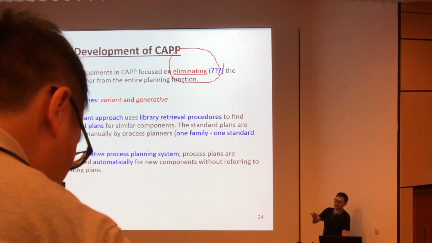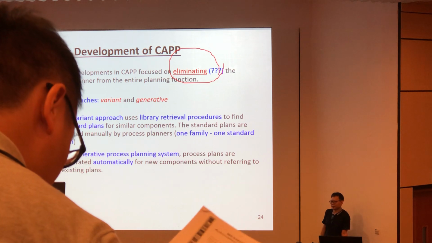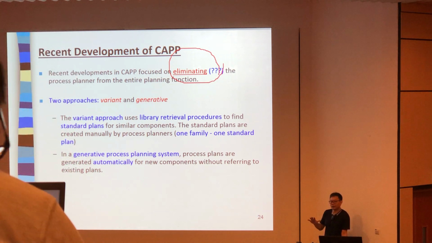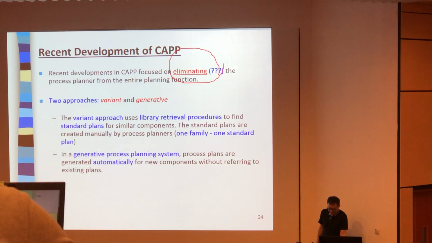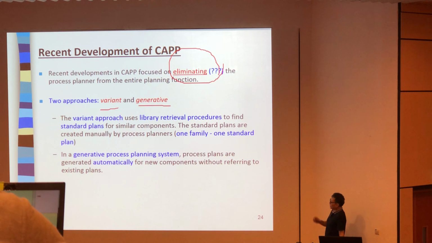We try to eventually not need a human process planner. We can do this job by computer, just like what a human process planner does. There are actually two approaches people try to develop such a system. One is called the variant, and the other is called the generative. These two approaches.